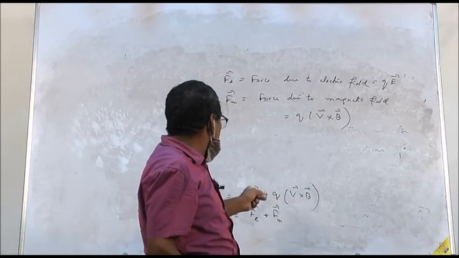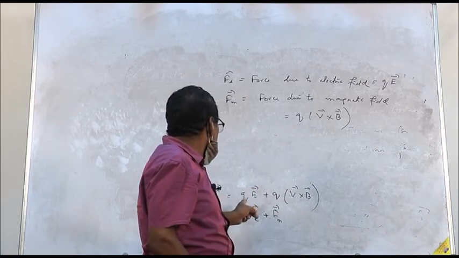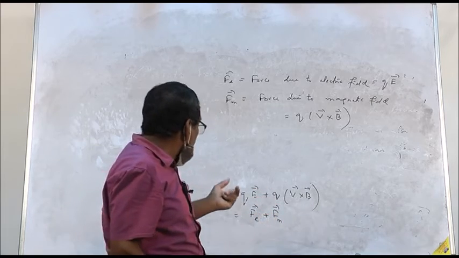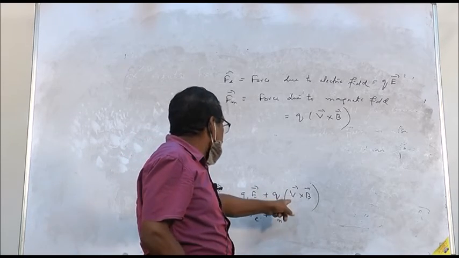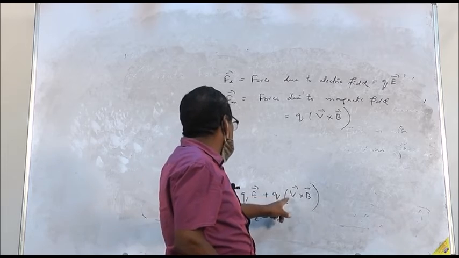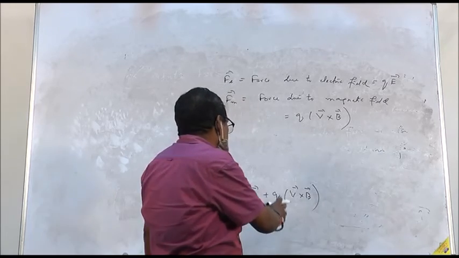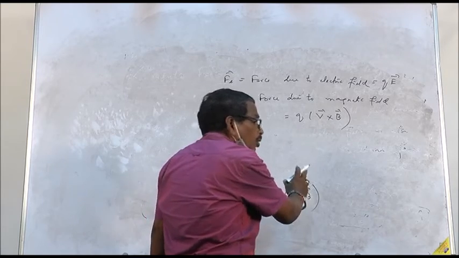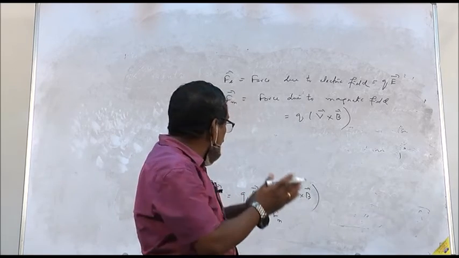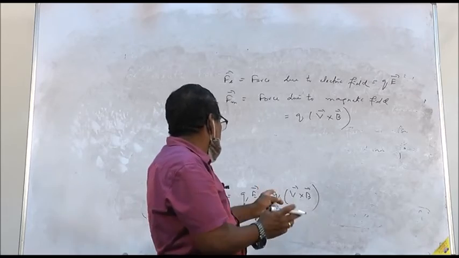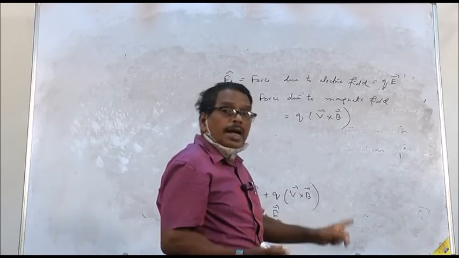Work done due to electric field is force times displacement. What is the force due to magnetic field? You see, force due to magnetic field is QV cross B. What is the direction of this force? The direction of this force is perpendicular to V and perpendicular to B. And when the question of work done comes, it will be the dot product of this force and displacement.